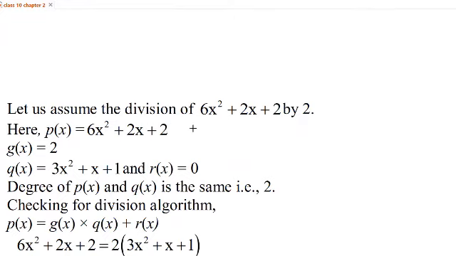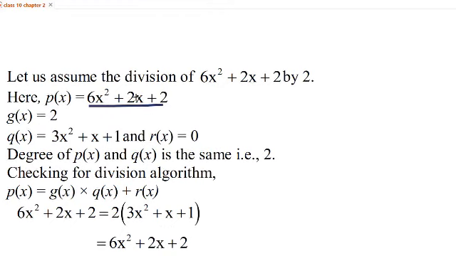So what we have done, I have taken just a quadratic polynomial p(x), right? And g(x) I have taken a constant which can divide this easily, isn't it? 2 3s are 6, 2 1s are 2, 2 1s are 2. Easily g(x) can divide p(x), and so we can get quotient 3x square plus x plus 1 and remainder 0.